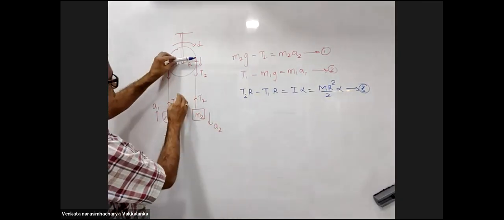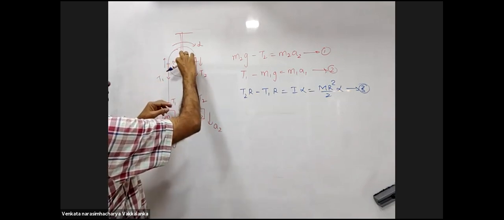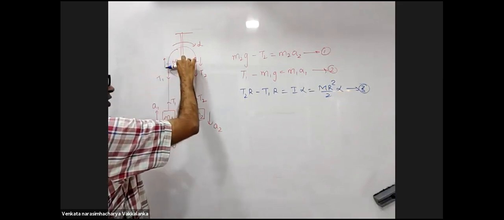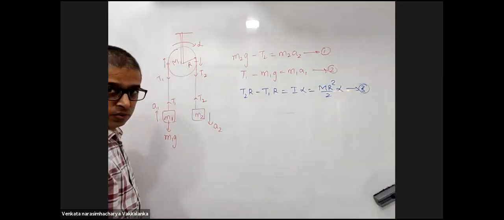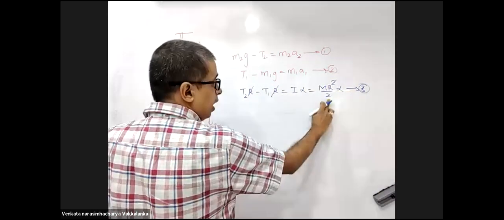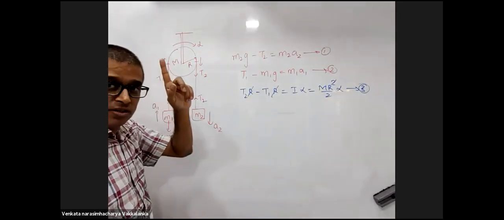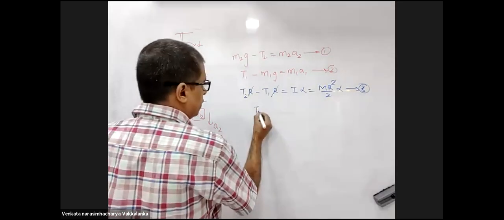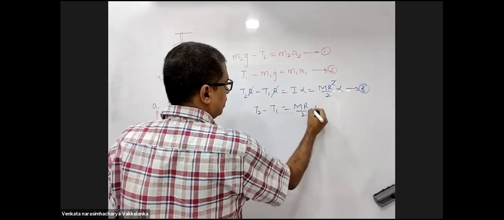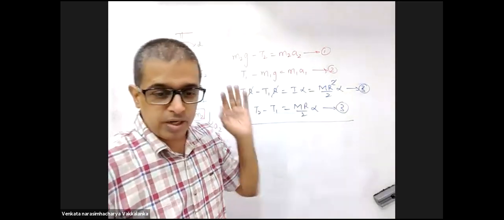T2 into R is clockwise, T1 into R is anti-clockwise. I into alpha, the moment of inertia of the pulley, if nothing is stored, is considered to be this. T2 minus T1 is MR by 2 into alpha. All three dynamic equations I am done with.